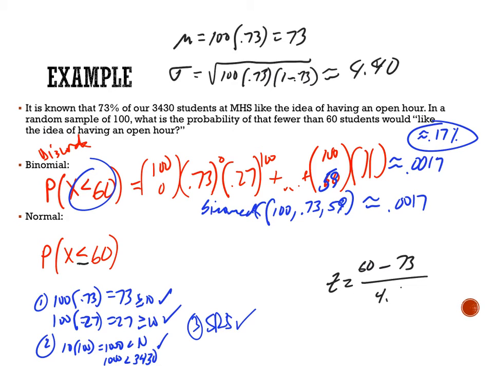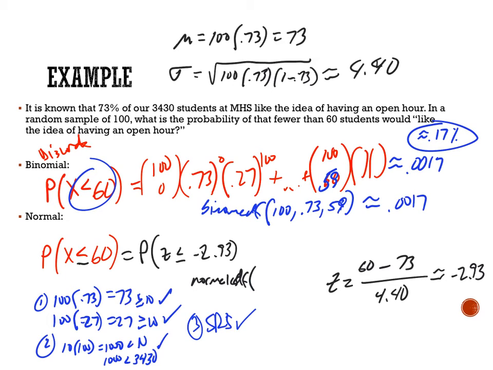So that would be our standard deviation. Okay, so our z-score ends up being, let's see, negative 13 divided by that value. And that gives us about a negative 2.93. So what we're really trying to find here is what's the probability that z is less than or equal to negative 2.93. And from there we can use normal CDF.